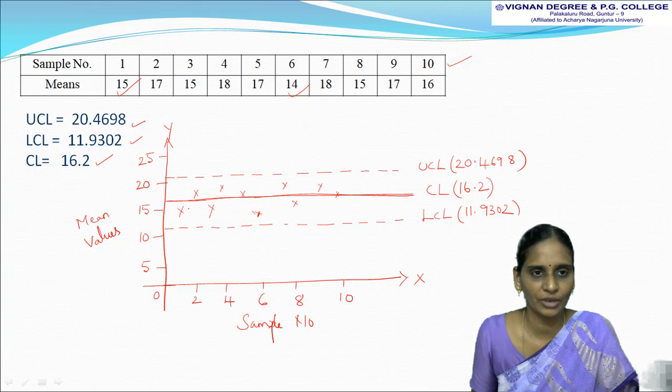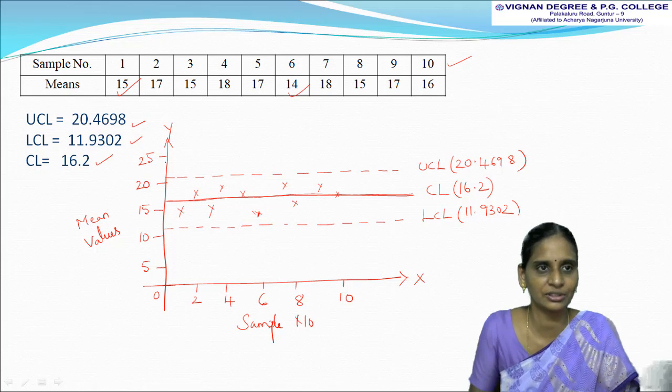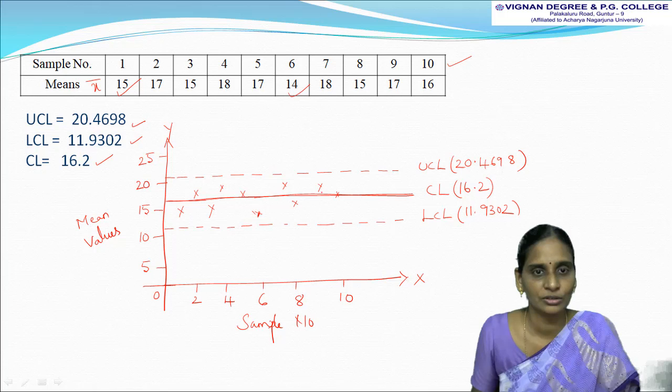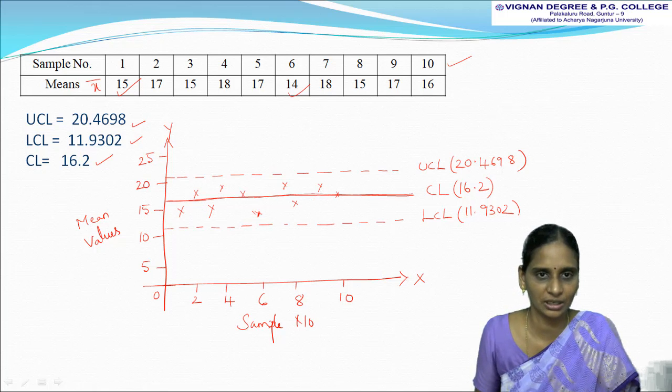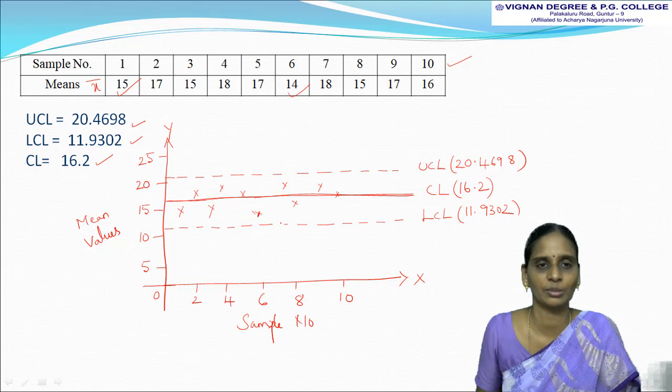Okay, so we have to observe all these sample mean values. So these are the sample mean values, that is x bar values. So here all the sample mean values fall within the 3 sigma control limits.